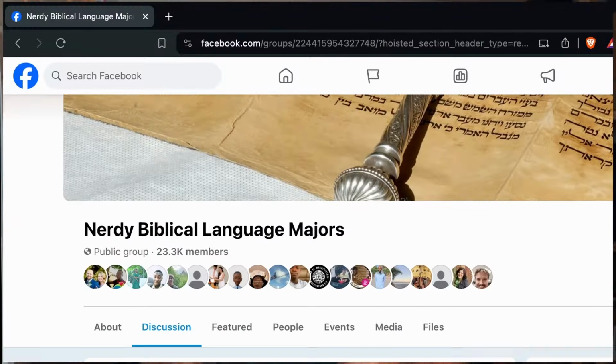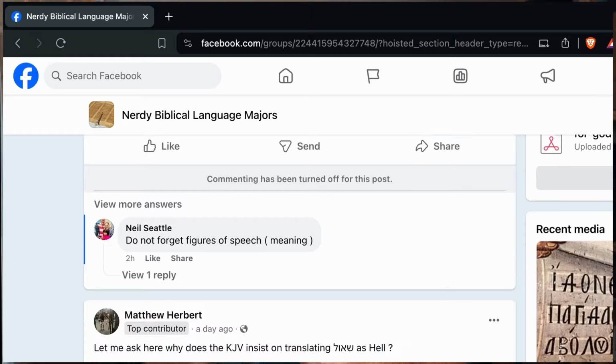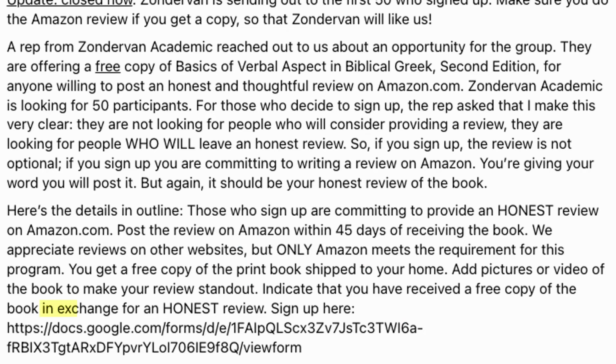As an aside, Zondervan was also giving out free copies of the book to anyone within the Nerdy Biblical Language Majors group on Facebook. You can check out that lively Facebook group if you don't know about it already. And they did this in exchange for an honest review. I purchased the book myself, but I took this offer to be a sign that Zondervan wanted honest, fair reviews of this book.